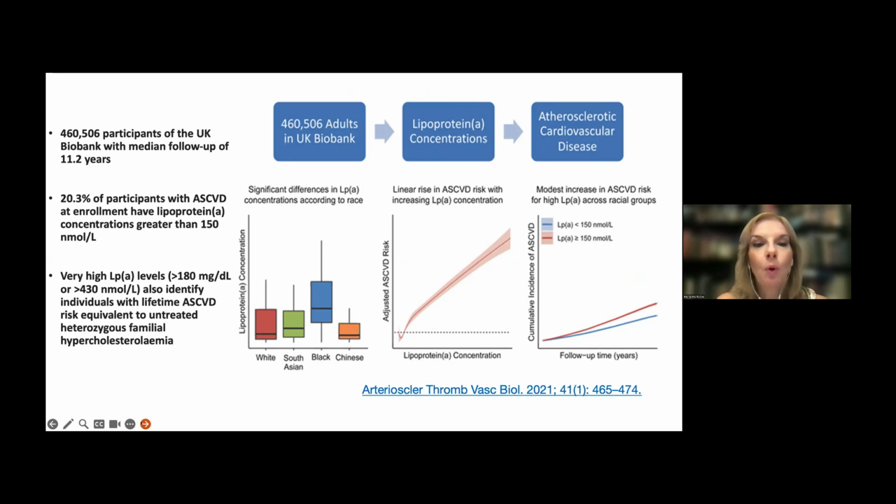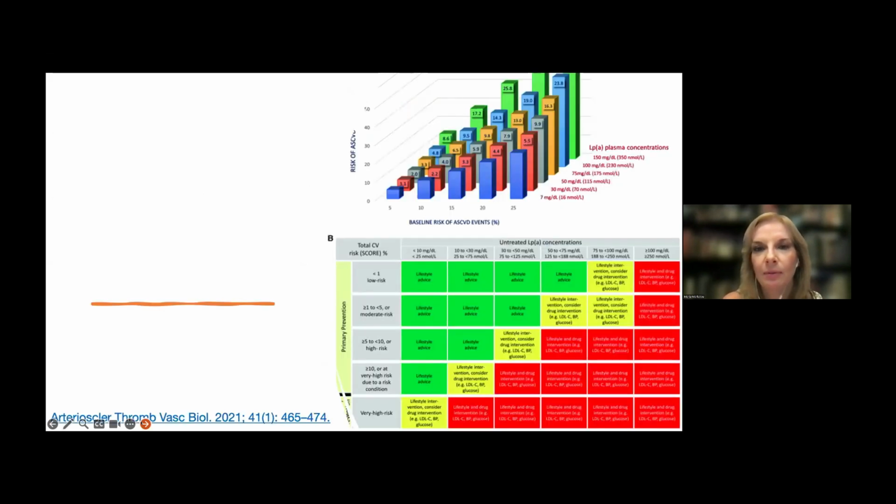So importantly, very high LPA levels, more than 180 milligrams per deciliter, identify individuals with similar risk to those with untreated heterozygous familial hypercholesterolemia. So this is a very important gap in our lipid management guidelines.